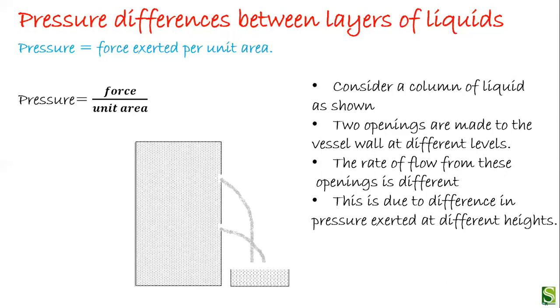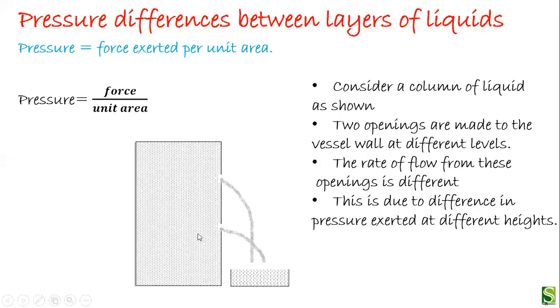Now why is this rate of flow different? This is due to the difference in the pressure exerted at different heights. Who is going to exert the pressure? The liquid column. The liquid above this opening and the liquid above that opening is going to exert pressure. At different layers the pressure is different.